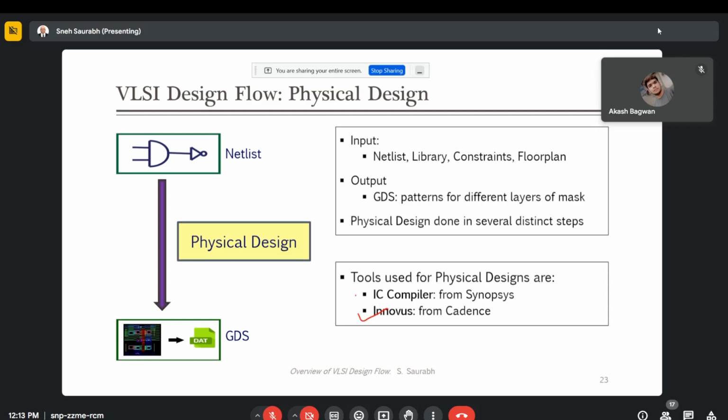Besides these two, there are open source tools like OpenROAD or OpenLane, which can be used for physical design too. These tools can be downloaded freely from the internet, and physical design can be carried out using them.